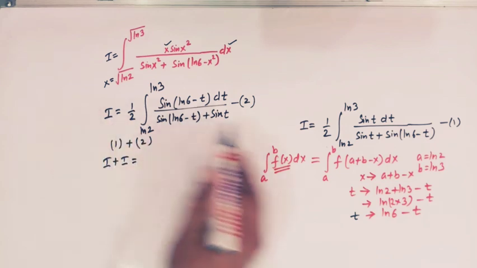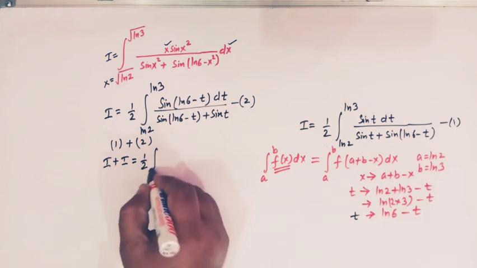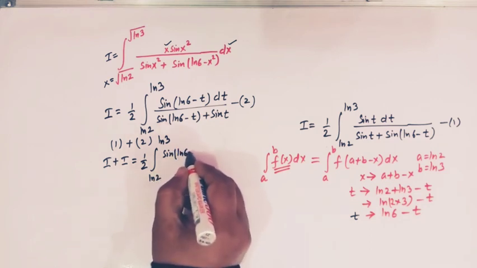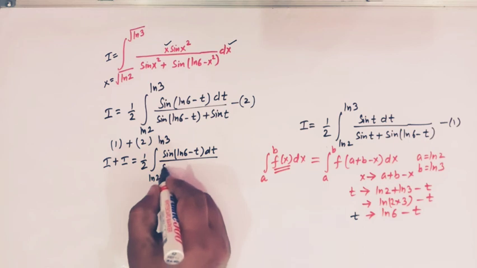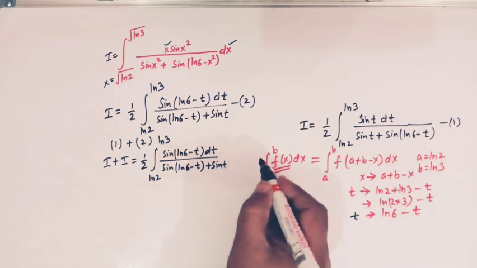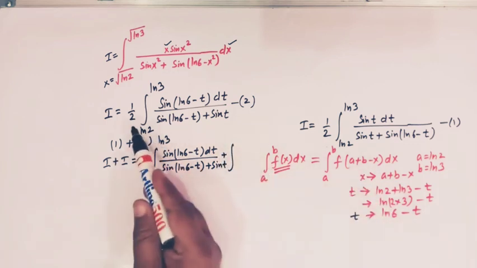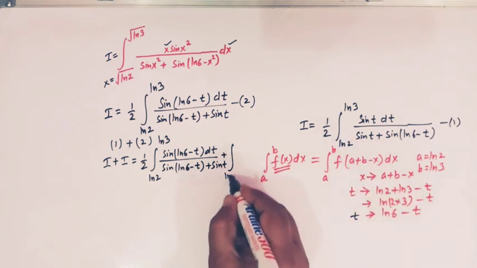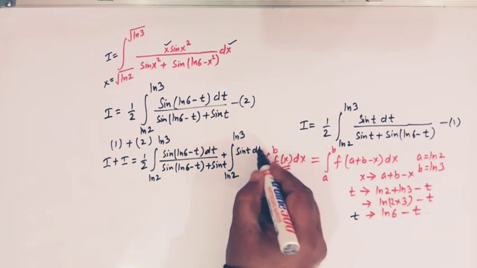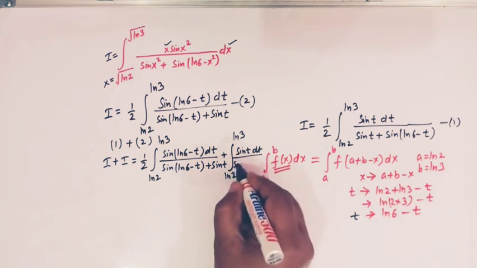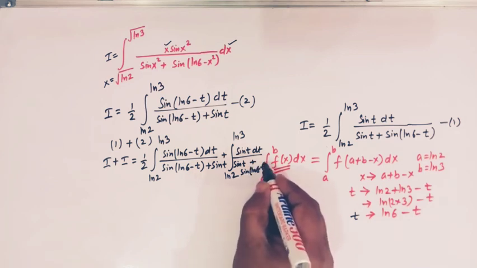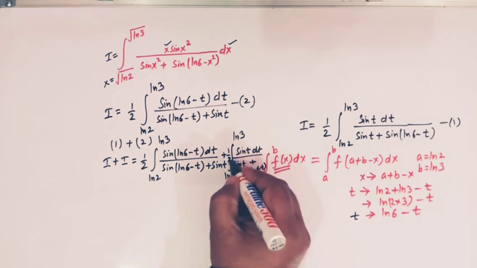So we have I + I equal to half, the integral from ln 2 to ln 3 of sin(ln 6 − t) dt over sin(ln 6 − t) + sin t, plus the integral from ln 2 to ln 3 of sin t dt divided by sin t + sin(ln 6 − t).